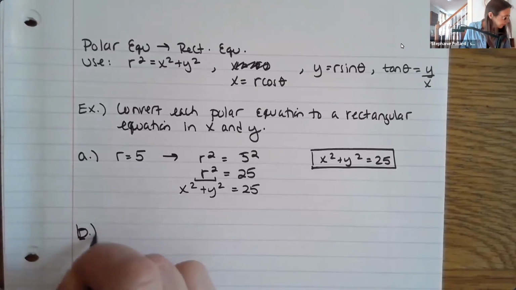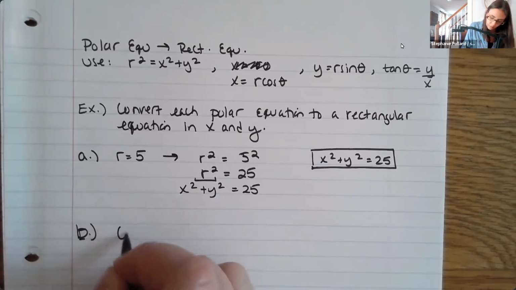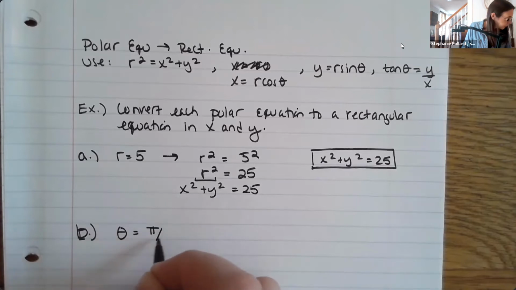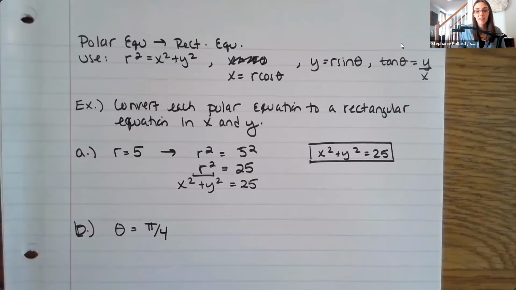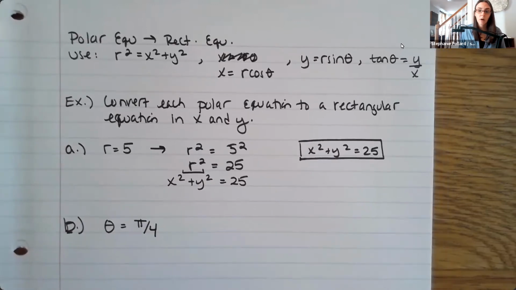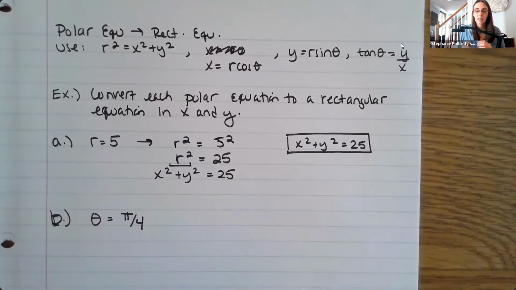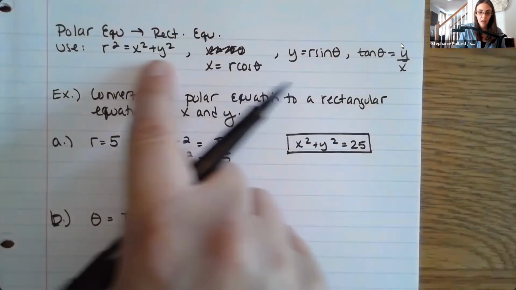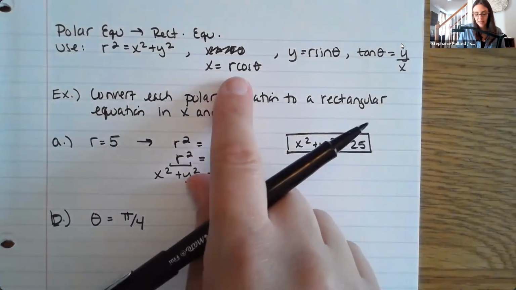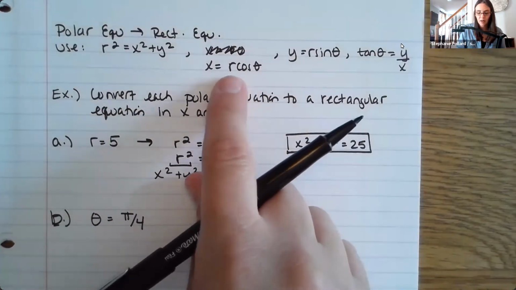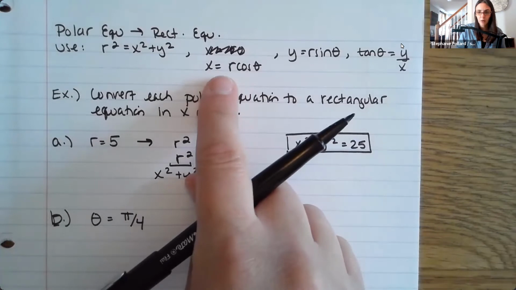This is B. My second equation is just theta equals pi over 4. And again, this one's a little bit tricky. If I look at my options, this first one doesn't seem like it's going to be helpful at all. I see cosine theta, but then I also see r there too, and I'm trying to get rid of those.